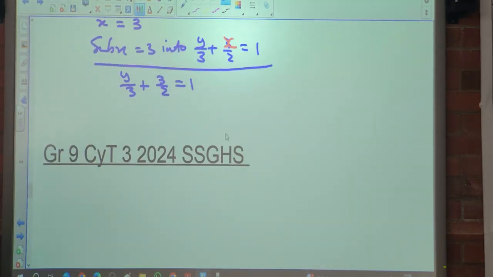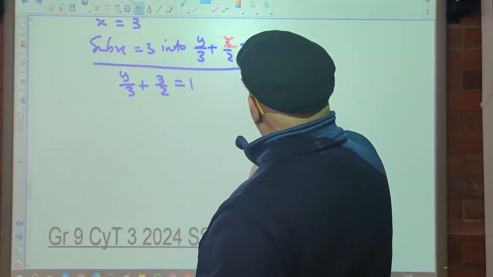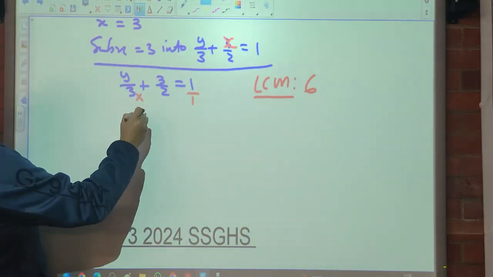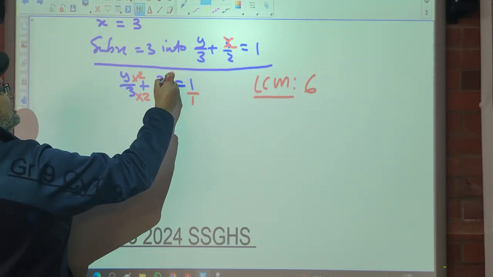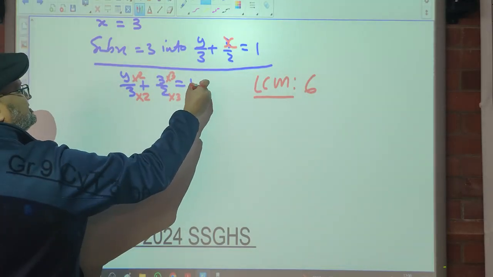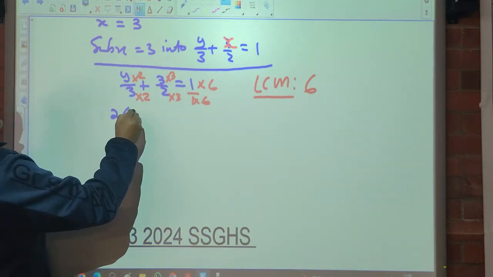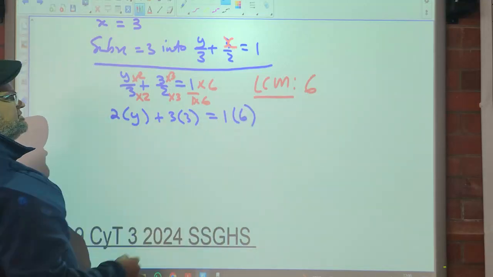What do I do now? LCM. What's your LCM? LCM is 6. So this must be multiplied by 2. This multiplied by 3. Multiply this by 6. So what's the equation going to read now? 2 into y plus 3 into 3 equals 1 into 6.